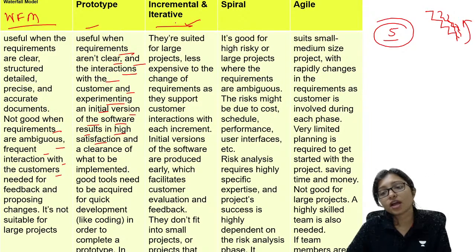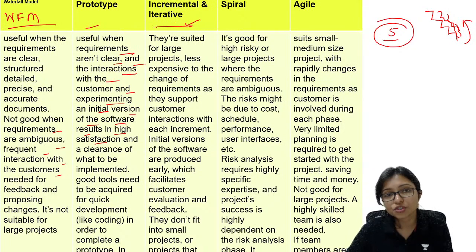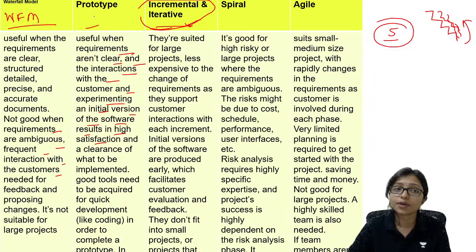So that is the evolutionary model. Evolutionary model is the combination of incremental, iterative, and sometimes if required then we can show some prototype to the customer also. That is called evolutionary model.